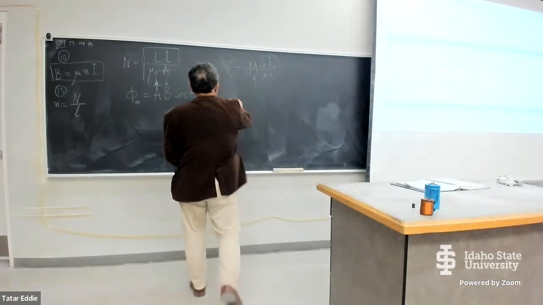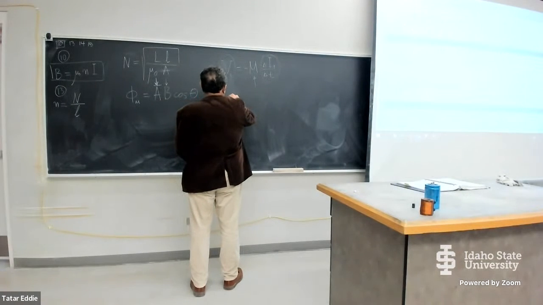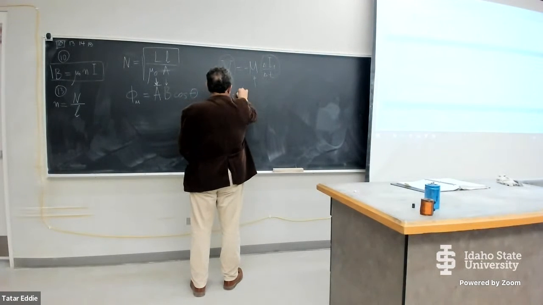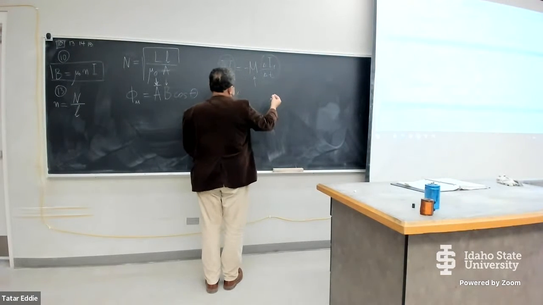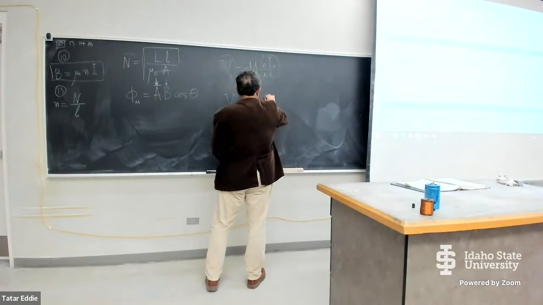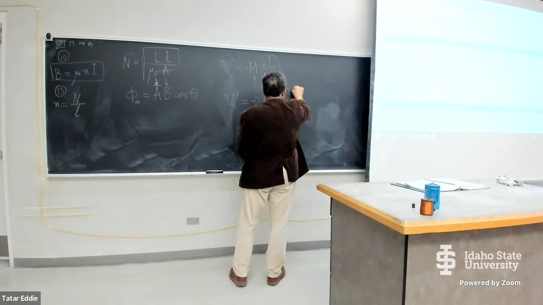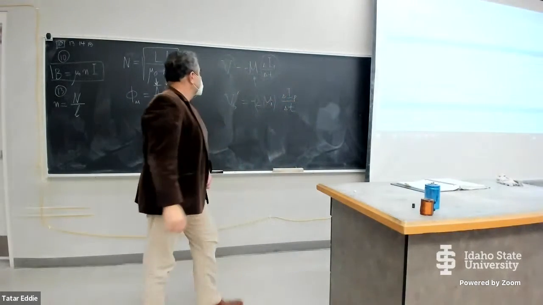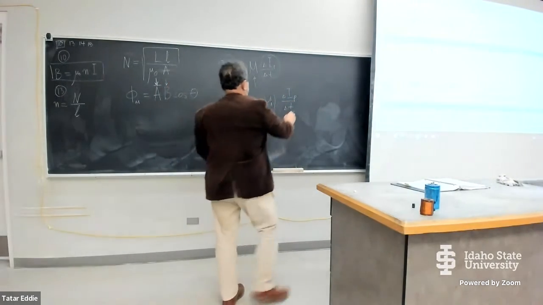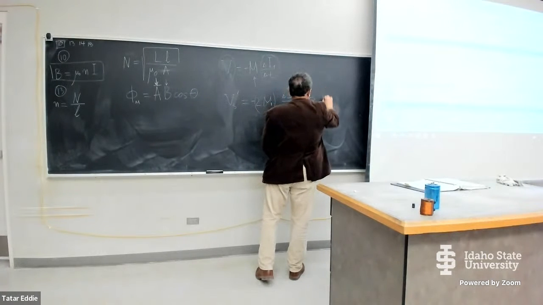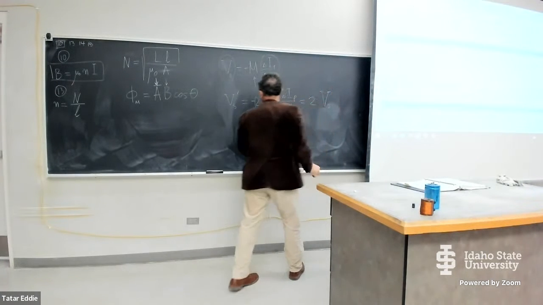So the new secondary voltage is equal to 2 times M, the mutual inductance, times the same rate of change of current in the primary coil, which is equal to 2 times the original voltage.